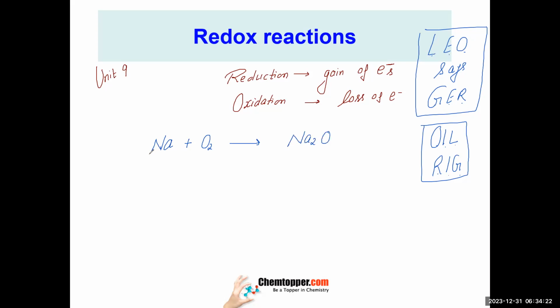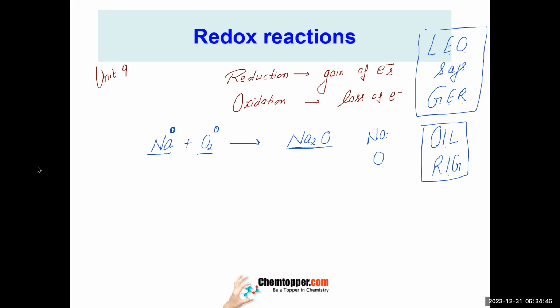If you look at this sodium, there is no charge, zero. If you look at this oxygen, there is zero charge. These are pure elements, so they have zero charges on them. But if you look at this ionic compound, and if I ask you to predict the charge on sodium using the periodic table, what is the charge on sodium?